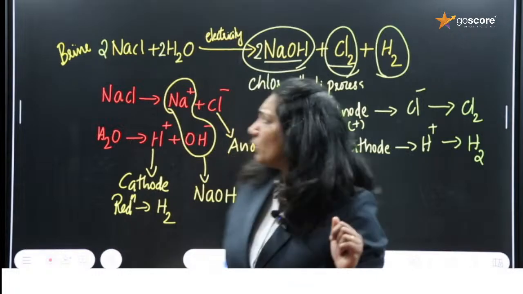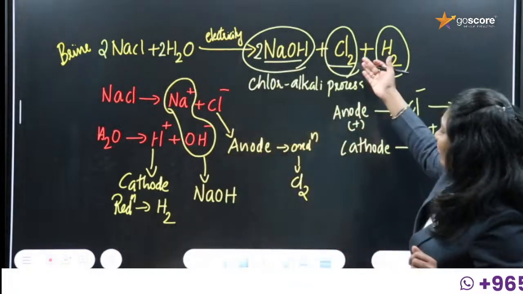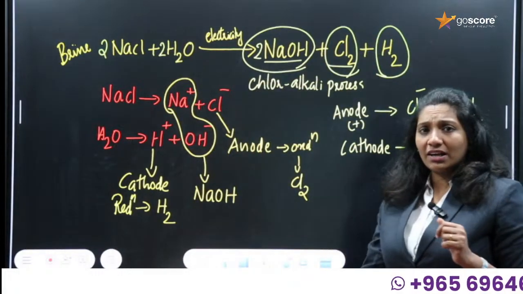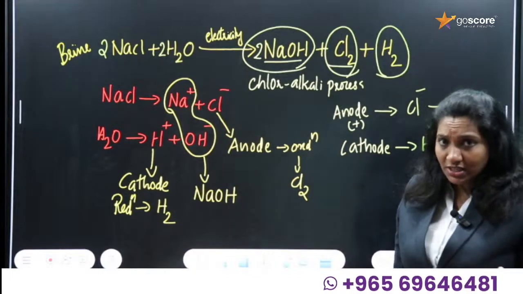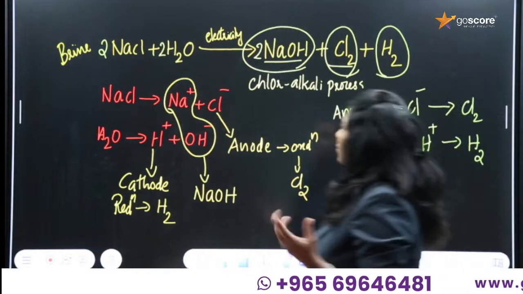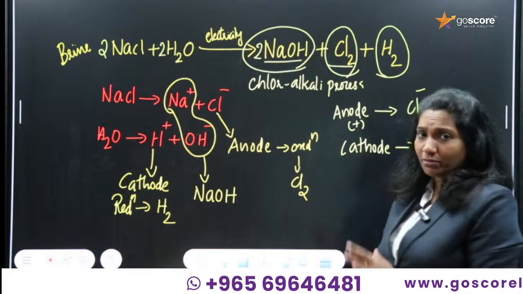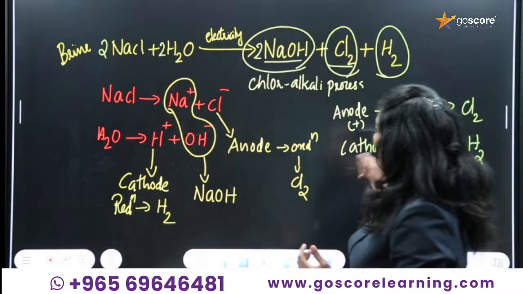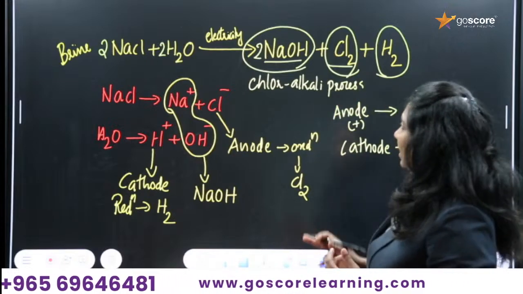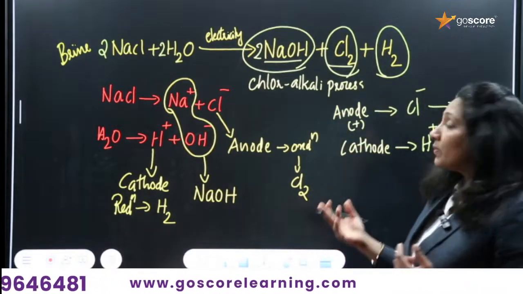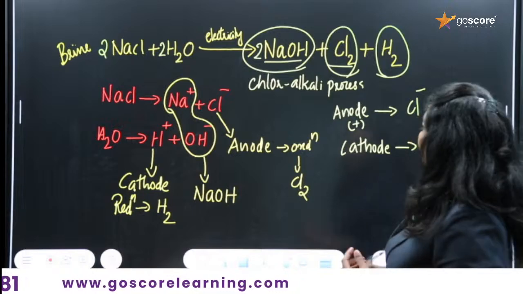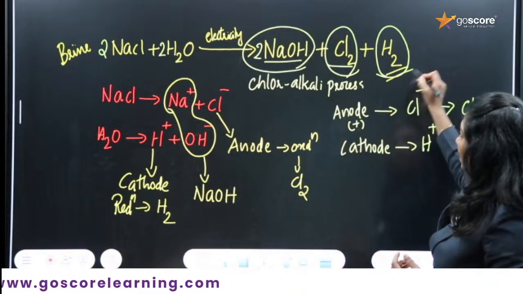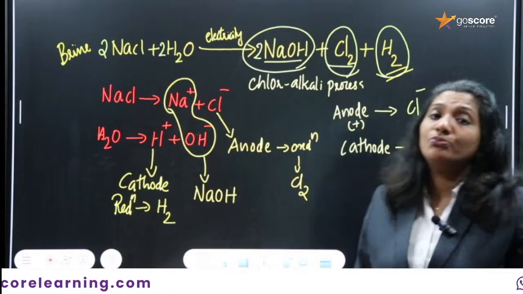Okay. And what are the main uses of the sodium hydroxide? Uses of sodium hydroxide, it's given in the reader. It is mainly used for the paper industry and used as an alkali. Okay, and the hydrogen gas is mainly used as a fuel, right?